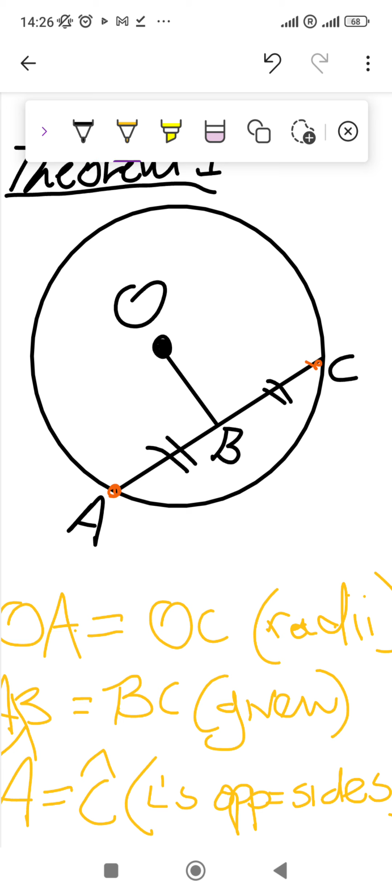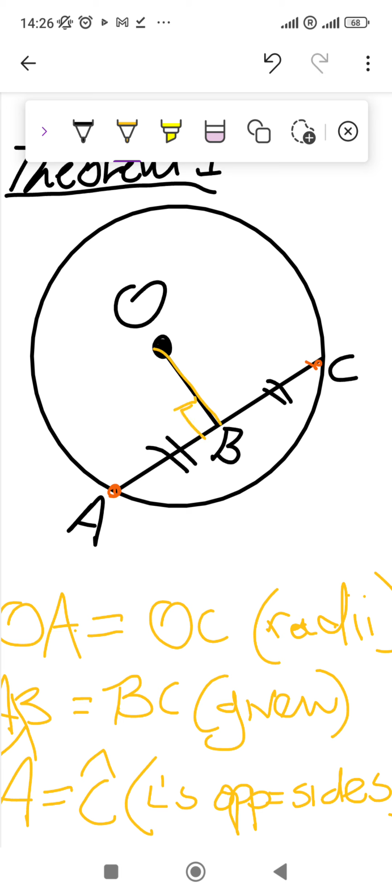That line is in the middle of chord AC. So if you have a line from the center of the circle to the midpoint of the chord, we are given that these are equal. Then what you know is that this is 90 degrees. I'm going to say the same thing again: if I have a line from the center of the circle to the midpoint of the chord, it forms 90 degrees.